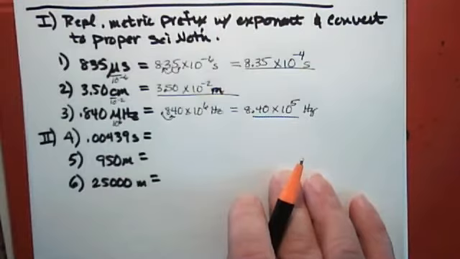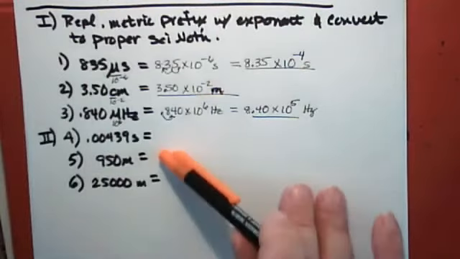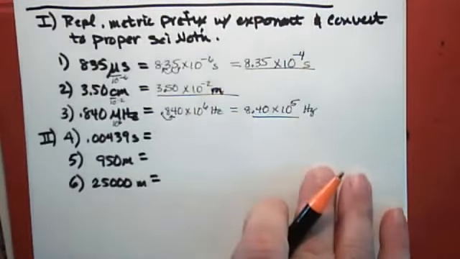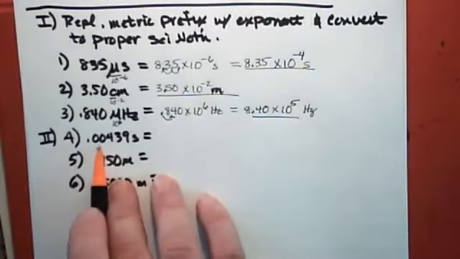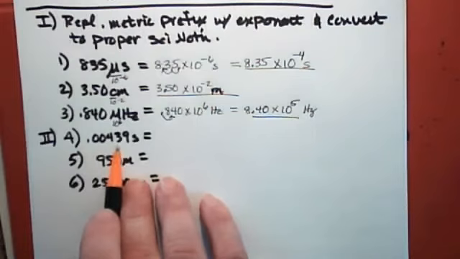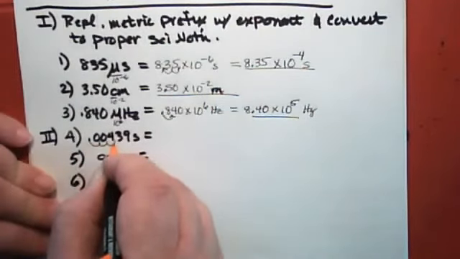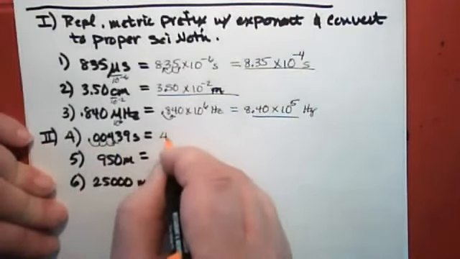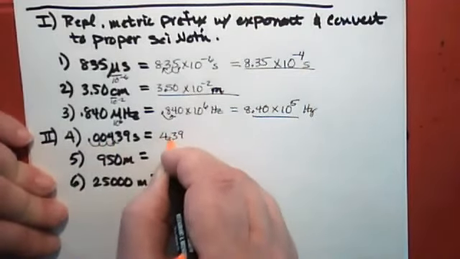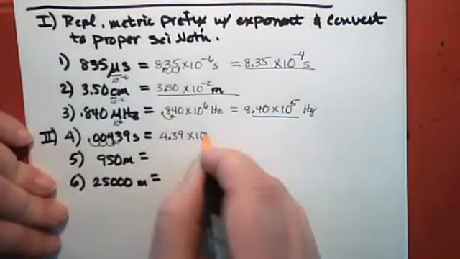For the next three, we don't actually have to worry about any prefixes, so we can just go straight for the scientific notation. We have 0.00439. We have to get it to be between 1 and 10, so you move the decimal point 1, 2, 3 places to the right. That's 4.39 times 10.